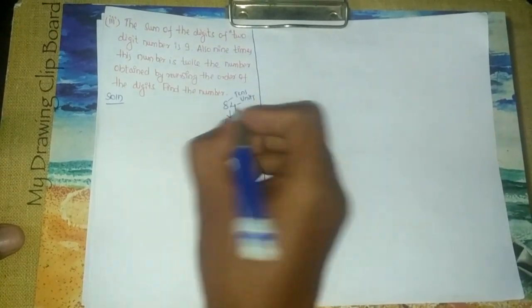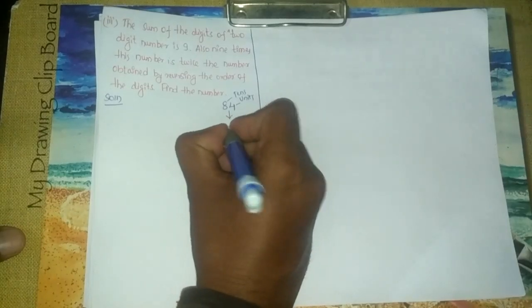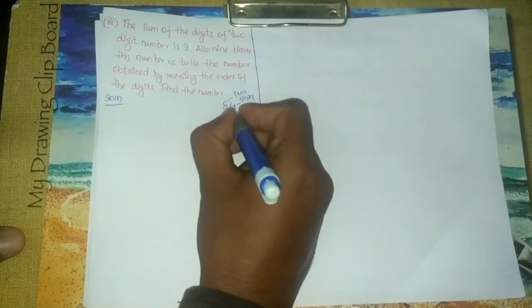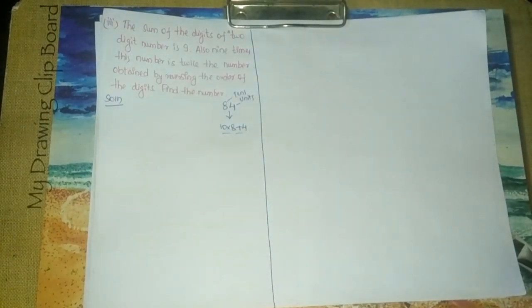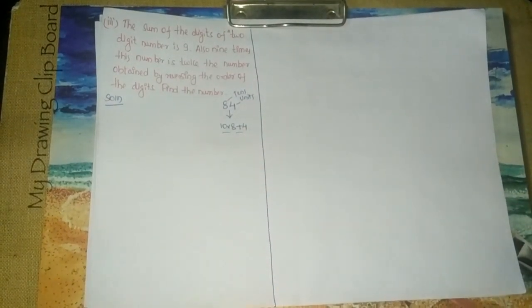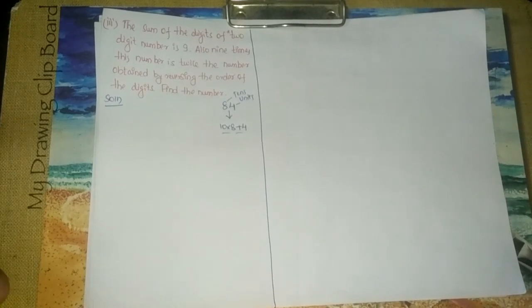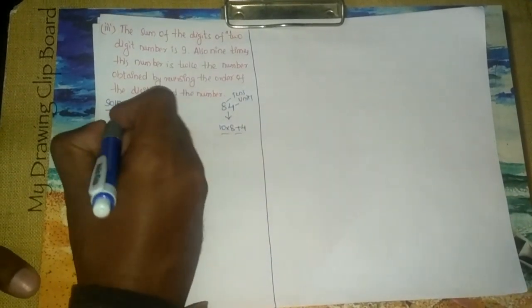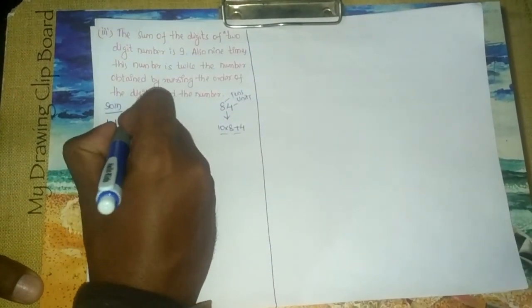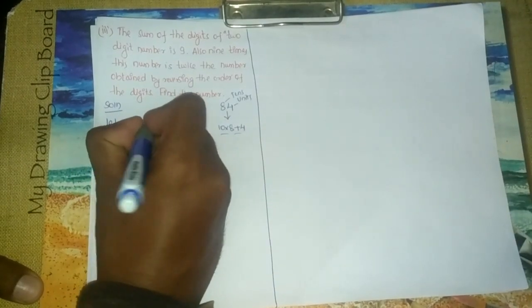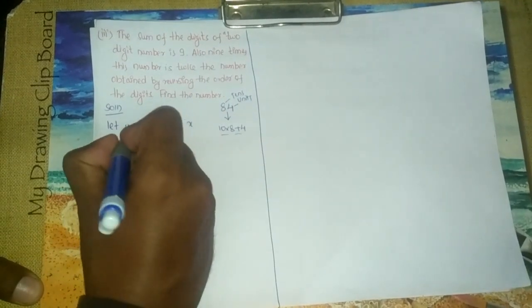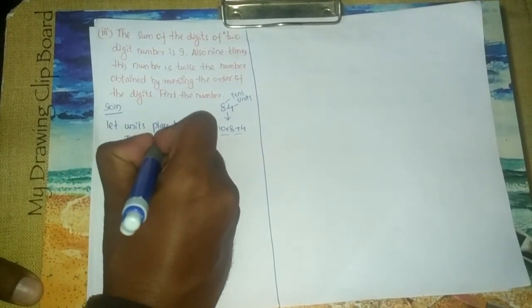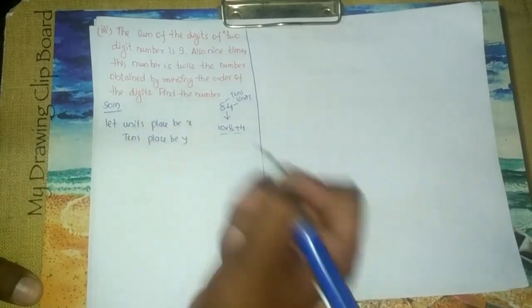So in expanded form, it can be written as 10 into 8 plus 4. So the number we have to write in expanded form. So let me consider, let units place be x and tens place be y.